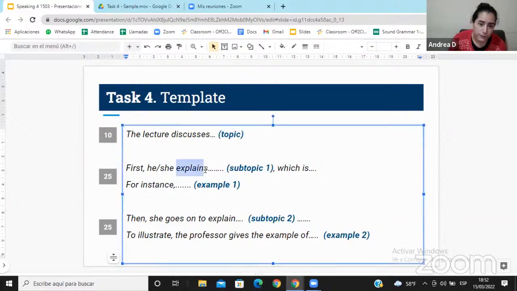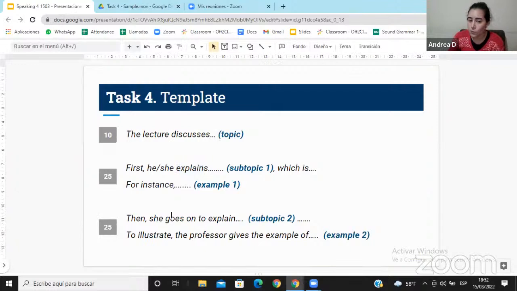I used those reporting verbs. I wasn't so detailed, right? I didn't mention everything that was mentioned in the lecture because we won't have as much time to mention everything. So you need to maybe skip some details that are less relevant and focus on those elements that we talked about, right? The subtopics and the examples.